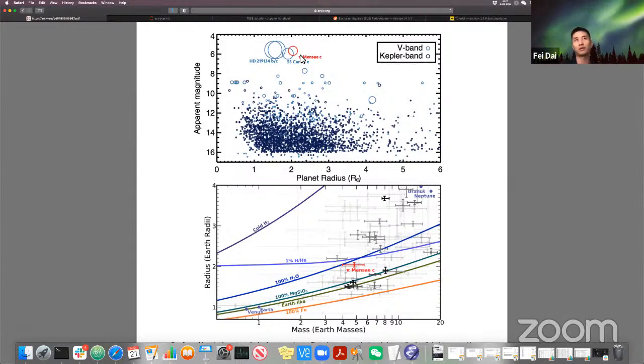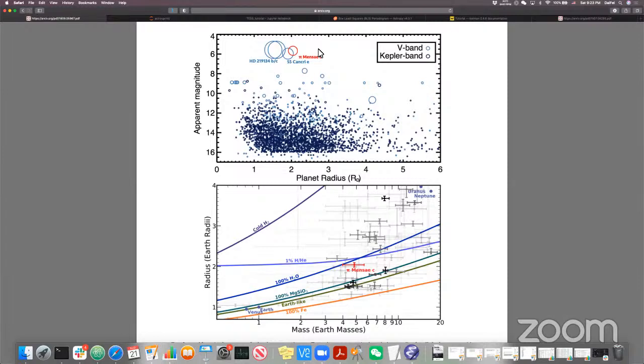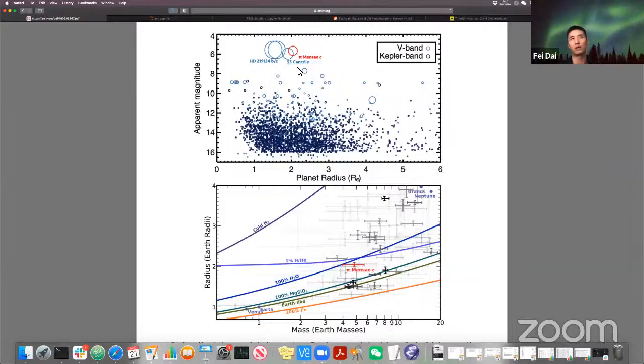So a brighter planet, or brighter planet host, will provide us more photons for this measurement. So that's why stars with low apparent magnitude, in the upper side of the plot, systematically have larger symbols. The other consideration is that for larger planets or planets with lower densities, you expect a more tenuous atmosphere. And that more tenuous atmosphere will also provide a larger signal when you measure the transmission.